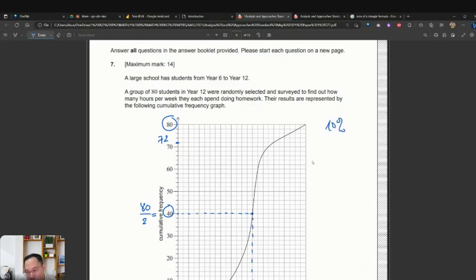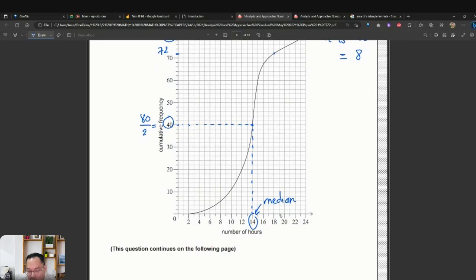10% of 80 students is 8 students, meaning these 8 students are from student number 73 and so on to student number 80. Meaning the students who spend the greatest amount of time, more than K hours doing the homework.